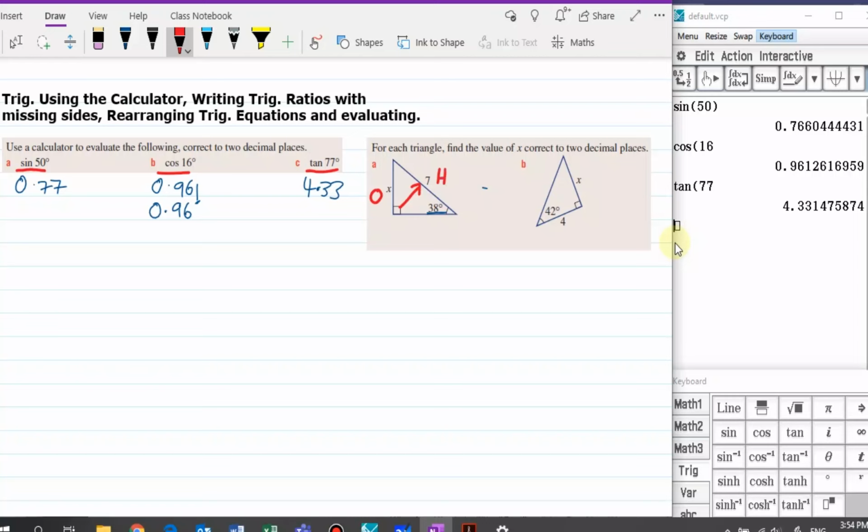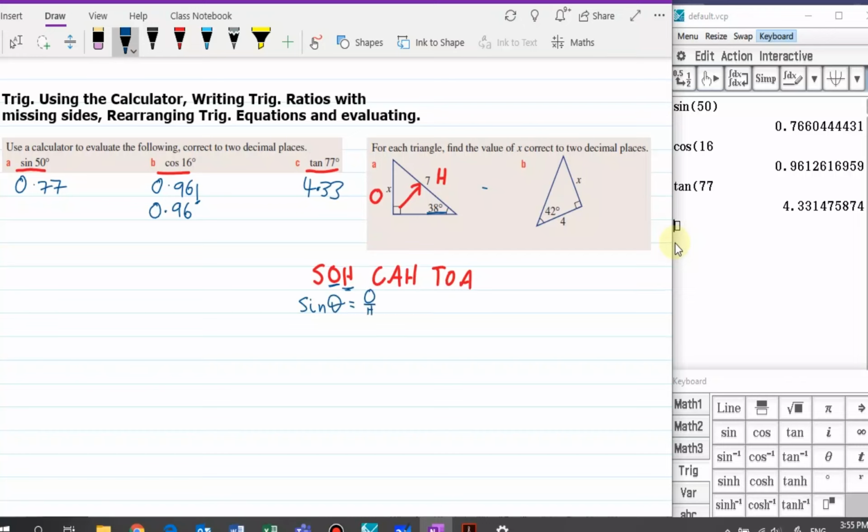If we look at our SOHCAHTOA, the 2 sides we've got match our sine function, because we've got the opposite and the hypotenuse. So sine of the angle, which is theta, is equal to opposite over hypotenuse.